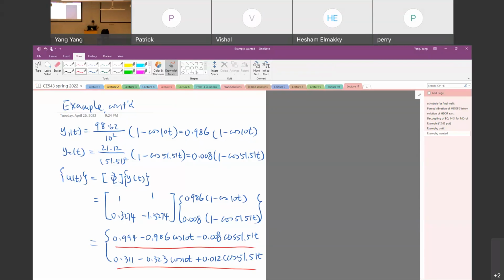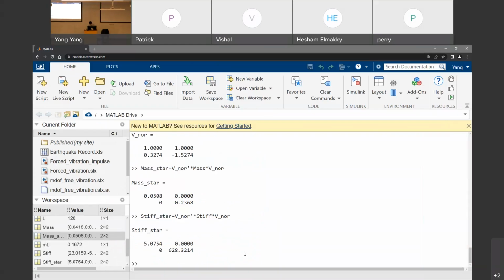We can also plot the responses here directly, because we know the y1 and y2 of t here. We can also use a method to plot that. For example, we can define t from 1 to 10 seconds.